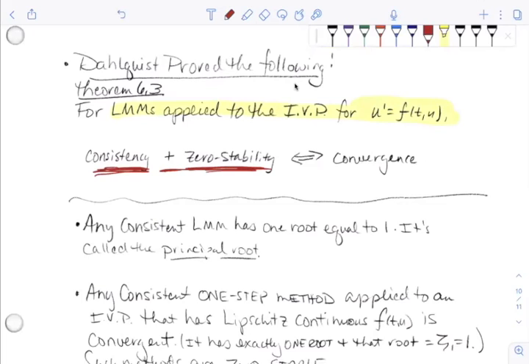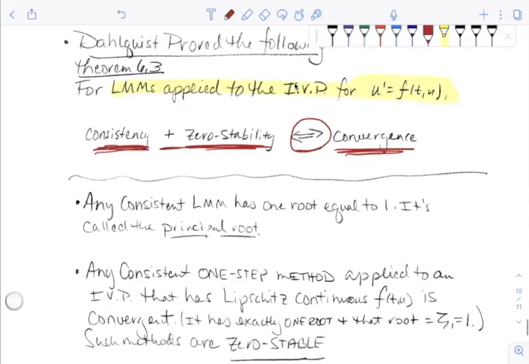If you have those two things, then, if and only if, you get convergence. So for many of these multi-step methods that you've looked at, the ones that are consistent have one root equal to 1, so they're always satisfying that zero stability property, so they're going to be convergent by Dahlquist's theorem.